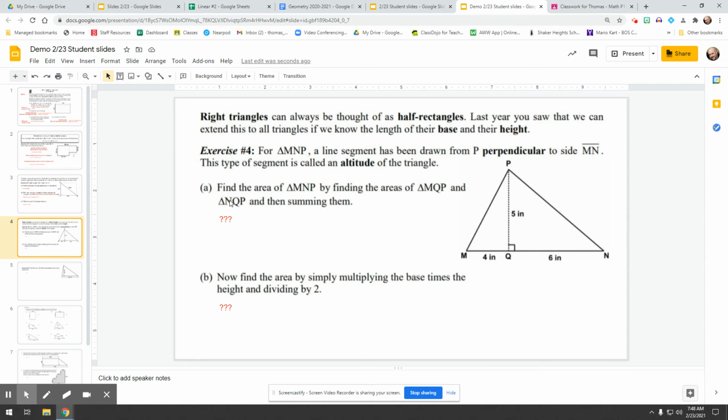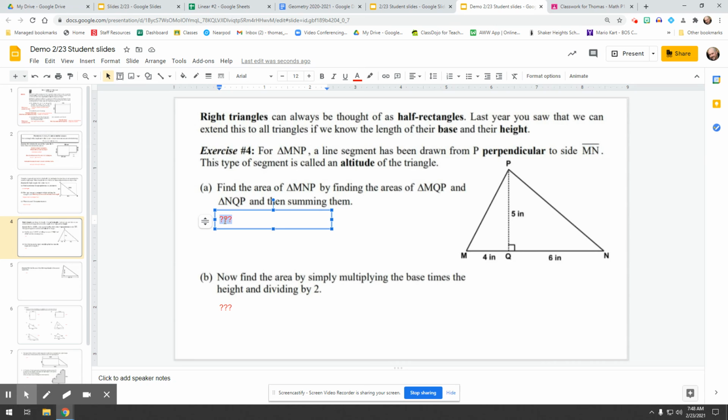So part A says, find the area of MNP by finding the areas of MQP, this one on the left, and NQP, this one on the right. So let's do that. Let's find the area of the left triangle first. Base times height divided by 2. So what would that be?